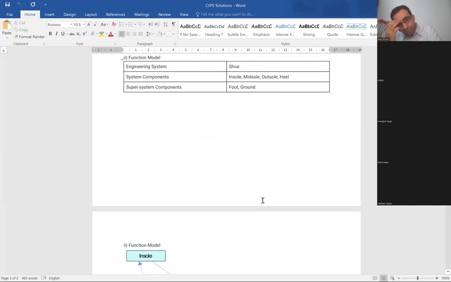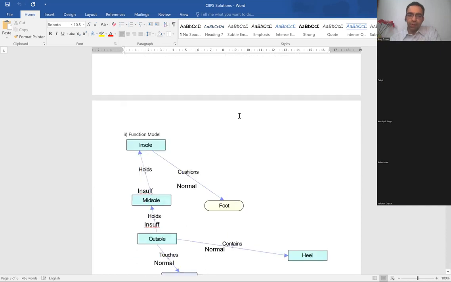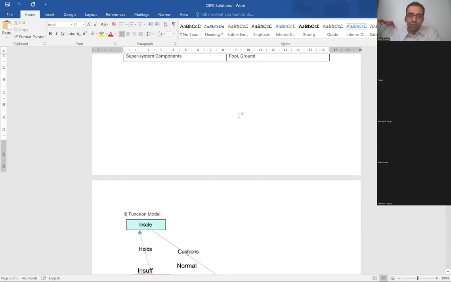So the engineering system is the shoe. System components are insole, midsole, outsole, heel. Super system components are foot and ground. Is that okay? And the function model could be something like this.